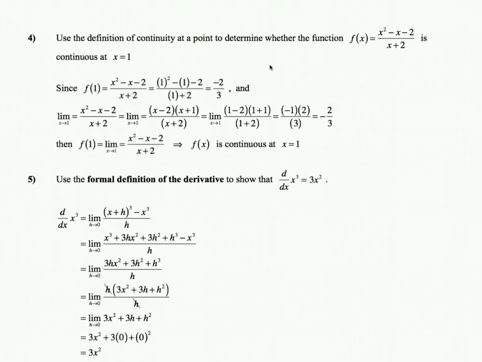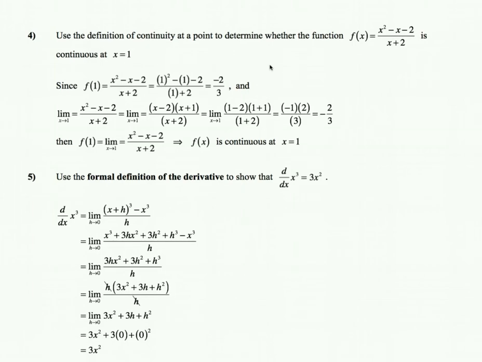Well, the formal definition of continuity says that we have to have the following three conditions. 1, the limit at this x has to exist, and the function has to be defined at that x, and those two values have to equal one another.